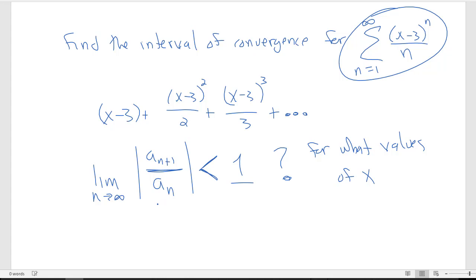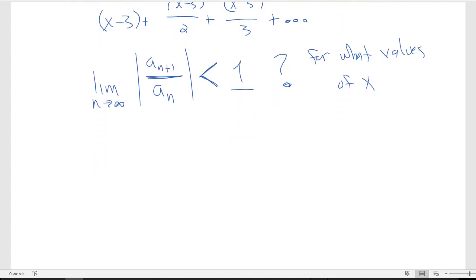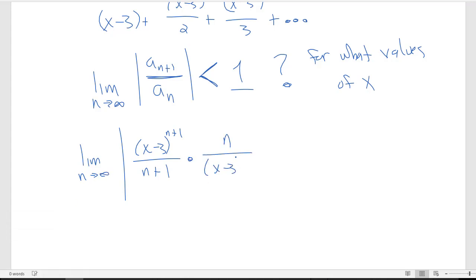I'm not going to write this compound fraction; I'm going to flip and multiply. When I plug in n plus 1, I have x minus 3 to the n plus 1 all over n plus 1, with an absolute value, and the limit as n goes to infinity. Then when I flip and multiply, that's n over x minus 3 to the n.